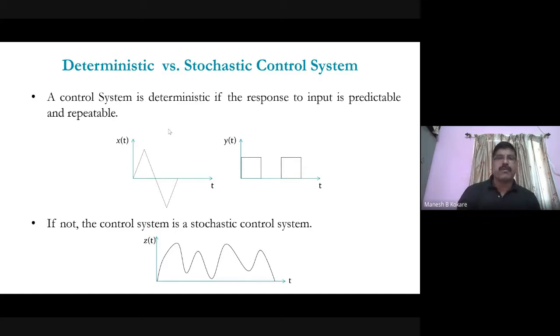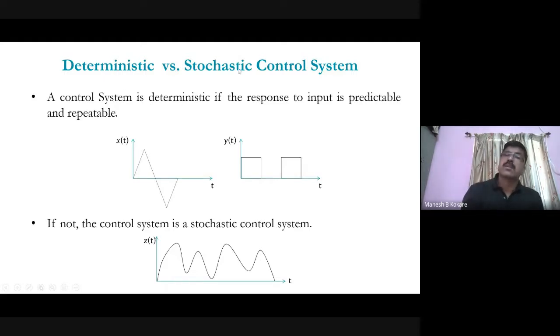It's not like your output is something at 10 a.m. and different at 5 p.m. Whether it is 10 a.m. or 5 p.m., your output will be the same. So a control system is deterministic if the response to the input is predictable and repeatable. Such control systems are called deterministic.